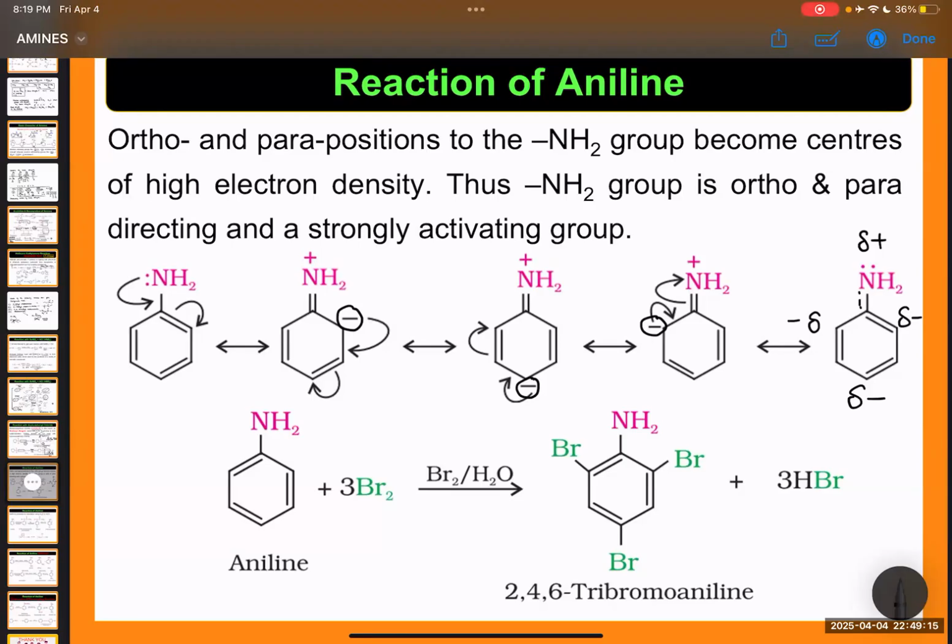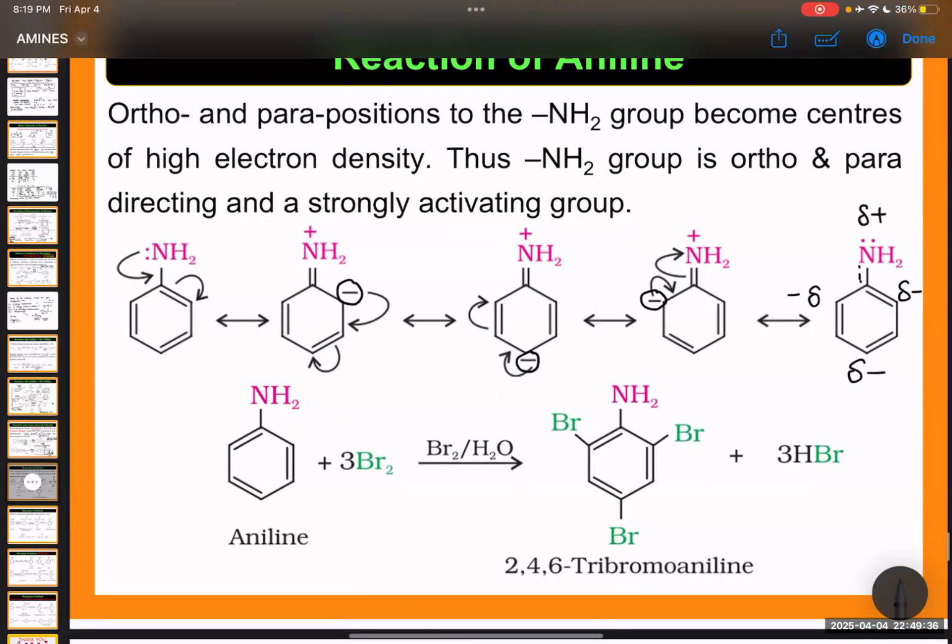And why are the ortho and para positions of aniline highly reactive? Because the electron density is increased by the resonance caused by the lone pair of NH2. Are you getting my point? Yes, sir. Okay, great. Now the ring becomes so rich in electron density that if you react it with bromine water, automatically the bromine is going to come at the three positions, ortho and para positions, and you are going to end up with tribromo.